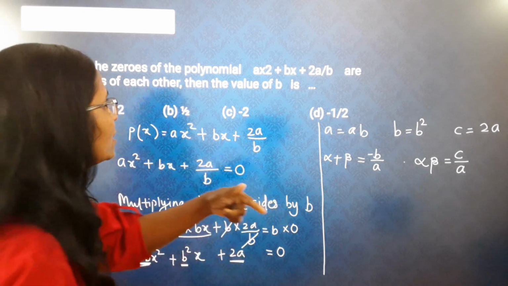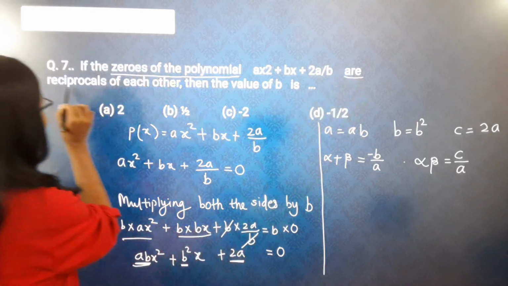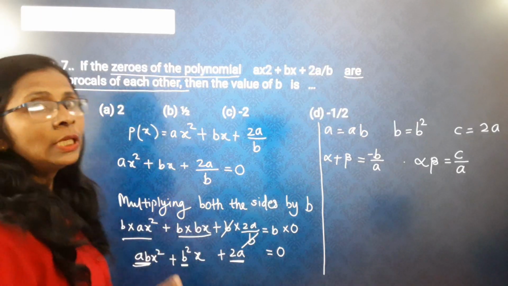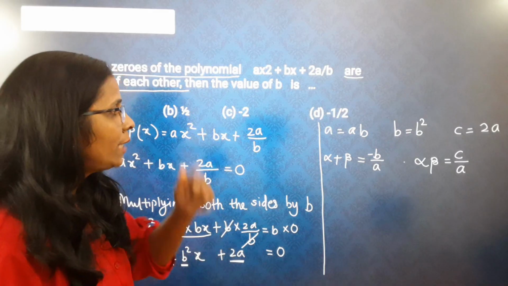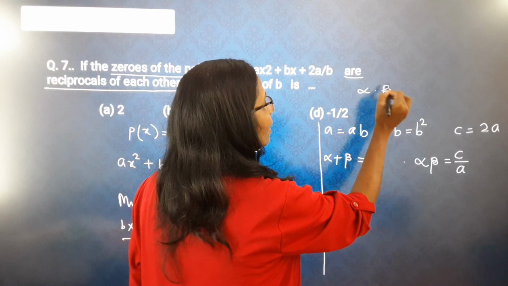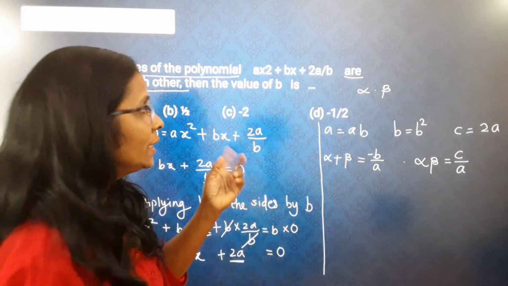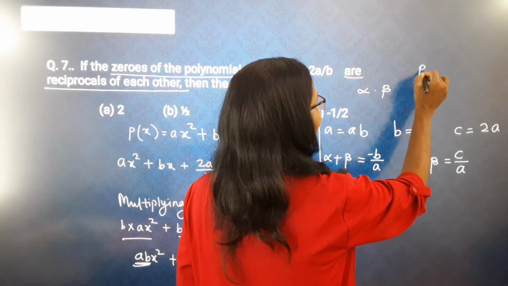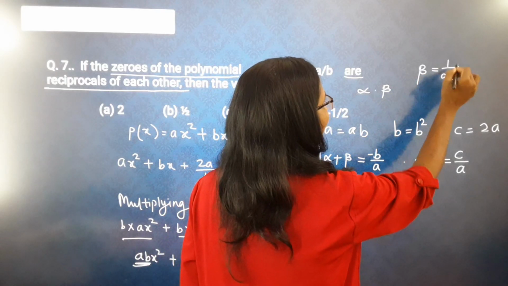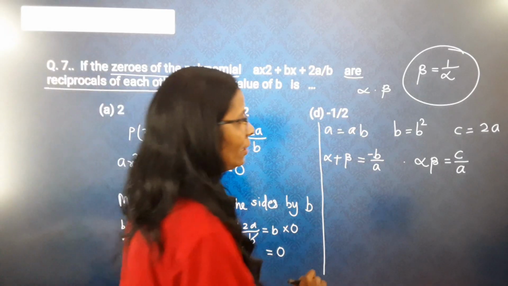The given condition is that the zeros of the polynomial are reciprocal of each other. That means if alpha and beta are the zeros, then beta is equal to 1 upon alpha. We can take the value of beta is equal to 1 upon alpha, student.